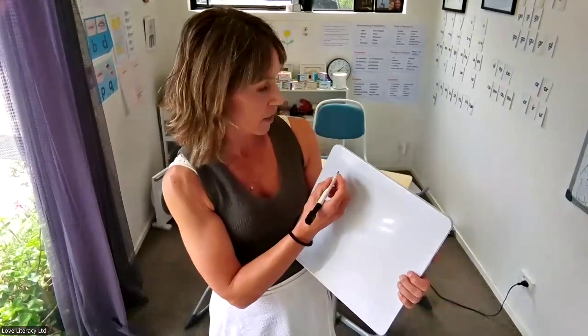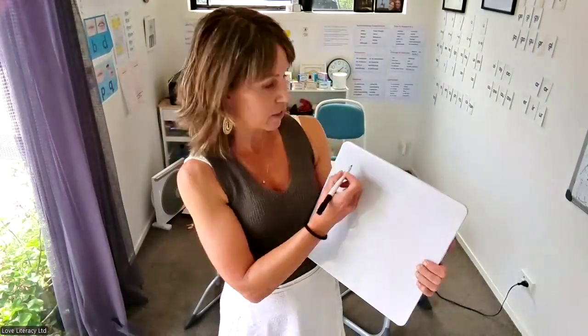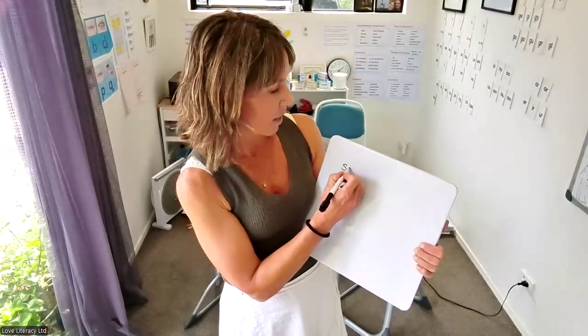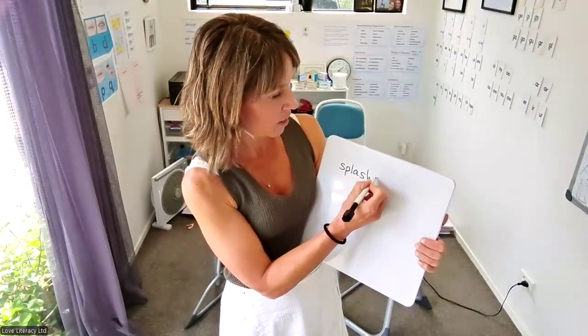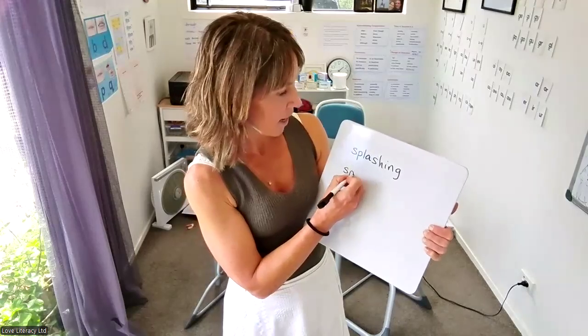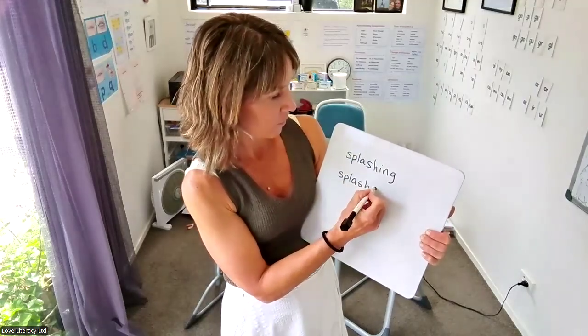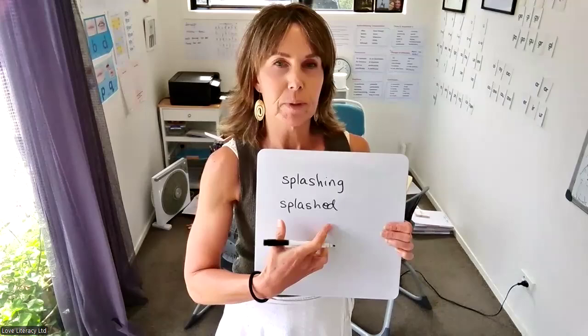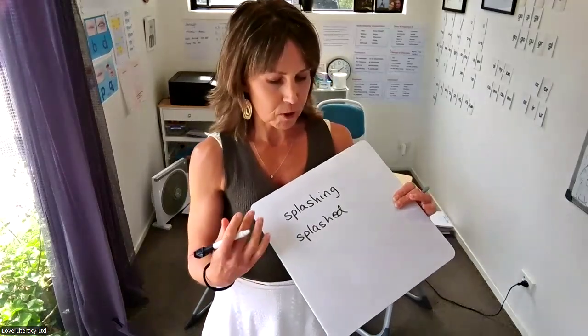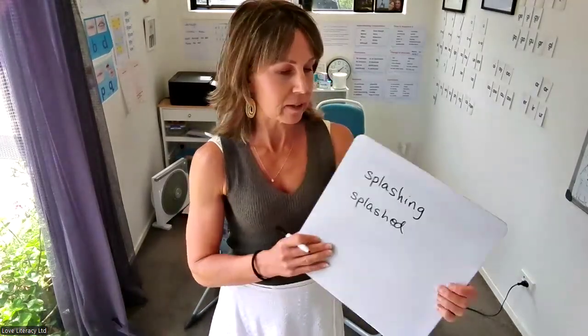What you can also do with your older learners is you can get stuck straight into doing something like splashing and splashed, and just adding on a little bit of that morphology as well.